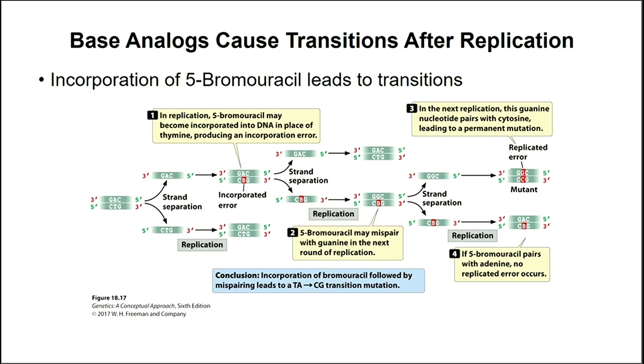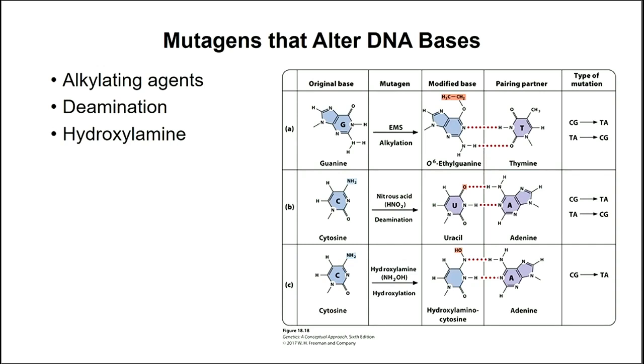What's supposed to be there is an AT base pair, but now instead we have a GC base pair. Because these base analogs are more likely to have mispairings than other normal bases, you're more likely to have these sorts of mutations. Here are some other examples.